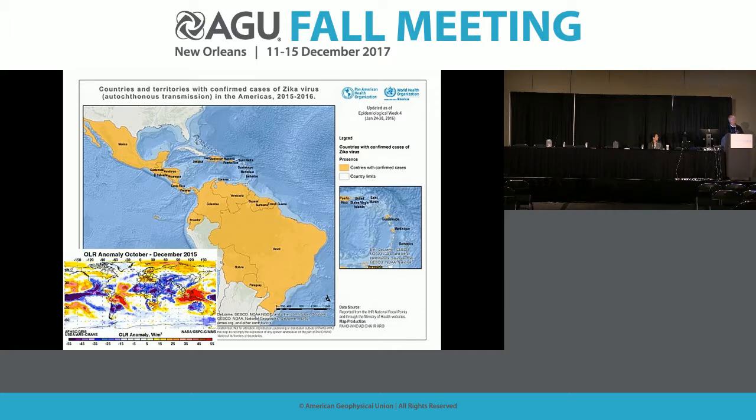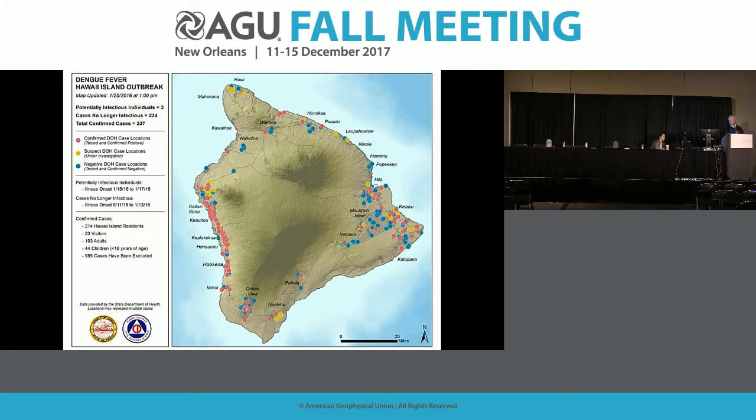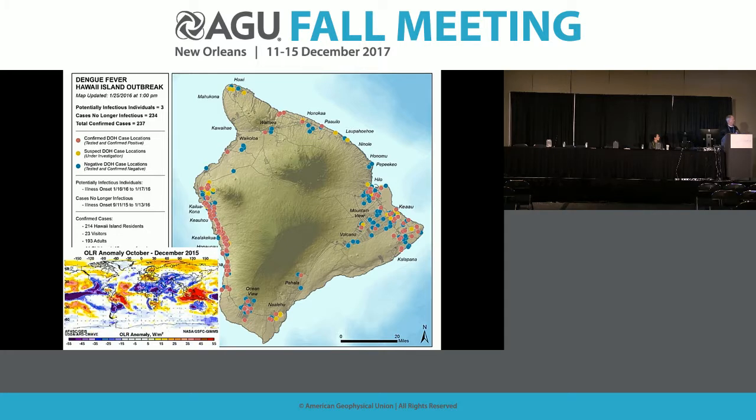So this is what it looked like at that time in 2015. This is where Zika was occurring, and that's the heavy drought appearing there in South America. I'm going to change a little bit here, but at the end of 2015 into 2016, there was an outbreak of dengue on the island of Hawaii, and this figure just shows where the cases were occurring.